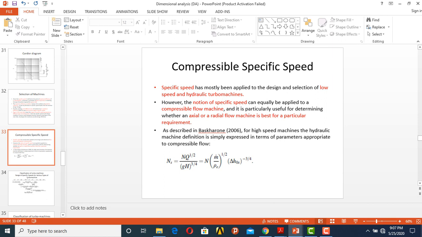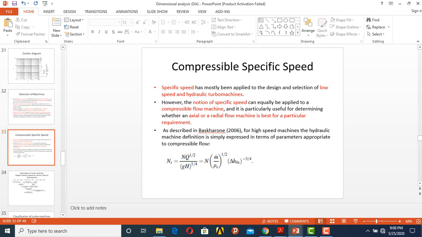This one is for incompressible flow, but for compressible flow, we replace the discharge, or the volume flow rate, with mass flow rate over density. So this is just the same as the volume flow rate.